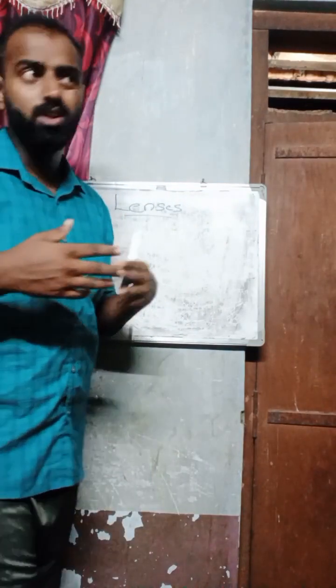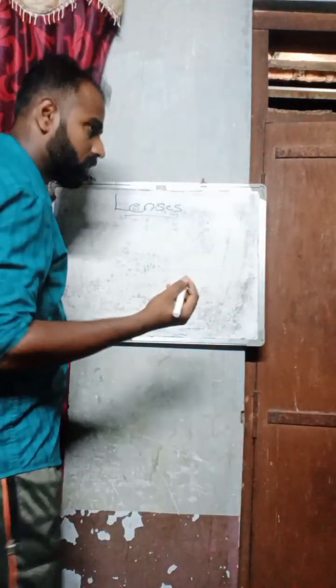In the mirror you have studied concave mirror, convex mirror, then plane mirror. Like that, in lenses also we have different types of lenses: convex lens, concave lens, plano concave lens, plano convex lens, concavo convex lens. You are already familiar with these in the lower classes.